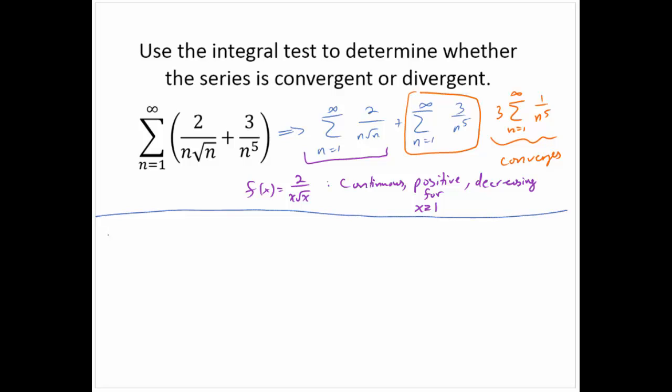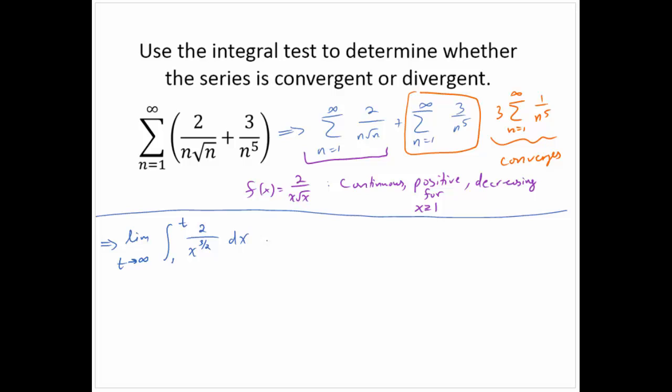Alright, so let's apply the integral test. What is the integral from 1 to infinity? I'm going to go straight to the limit definition for this improper integral. So limit t approaching infinity, integral 1 to t of 2 over x root x, that's the same as x to the 3/2 dx.